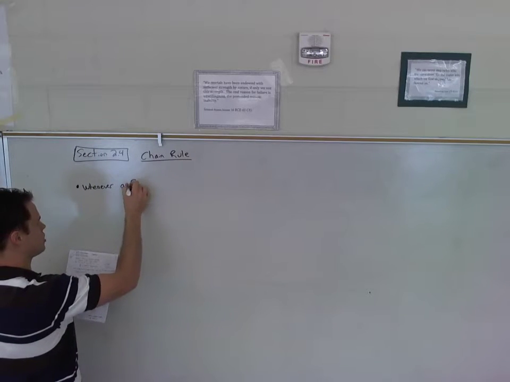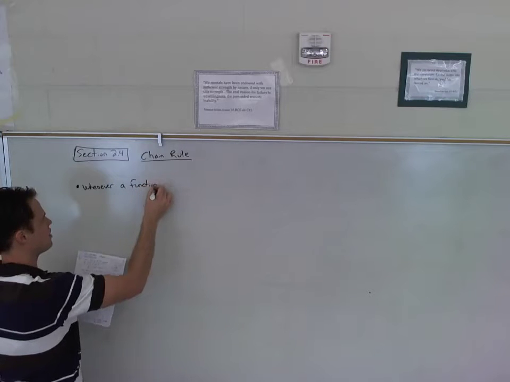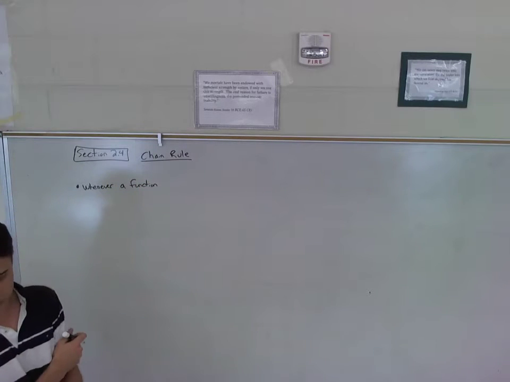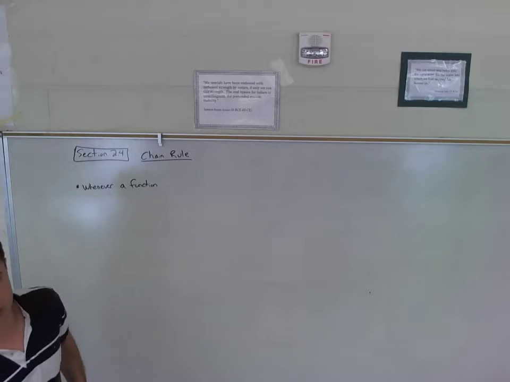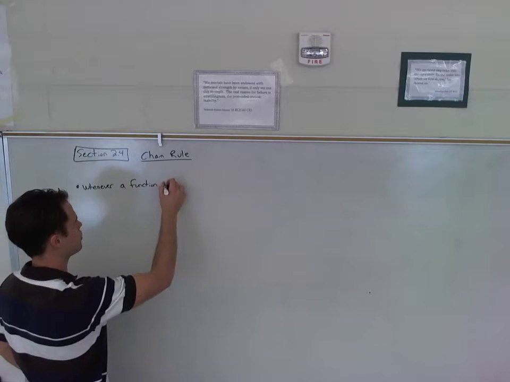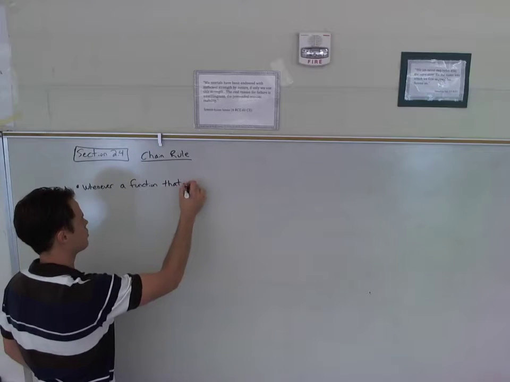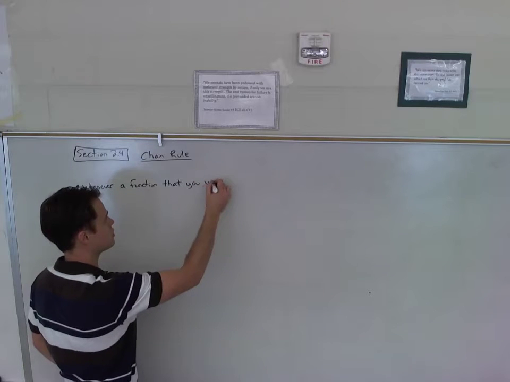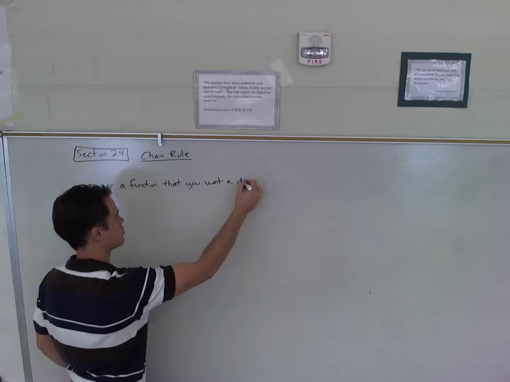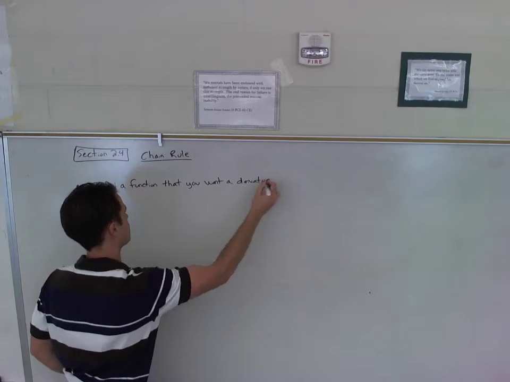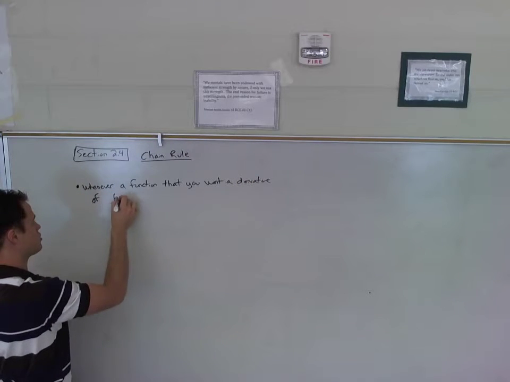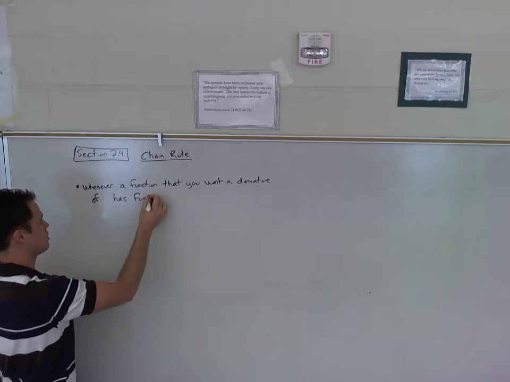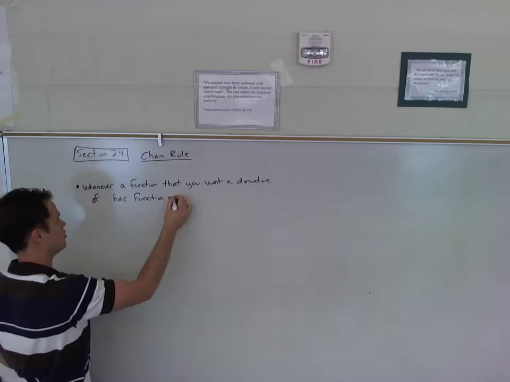So whenever a function has composition in it, here's when you have to use the chain rule. Whenever a function that you want to take a derivative of has function composition in it, you have to do this.